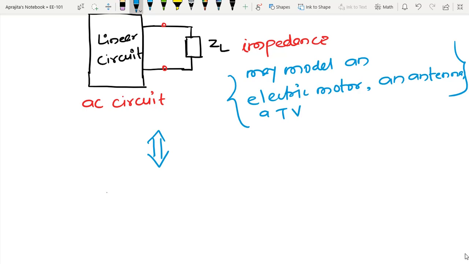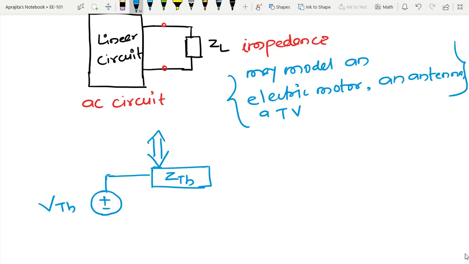So I can replace this linear circuit by VTH, and after that this is ZTH.